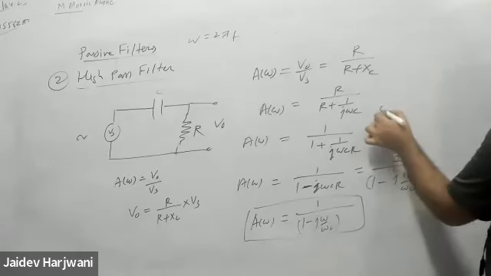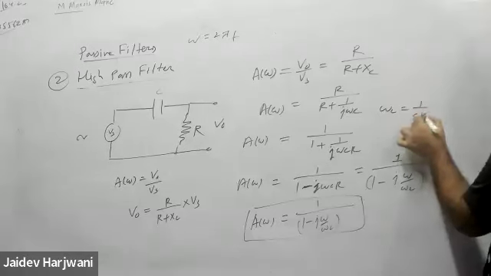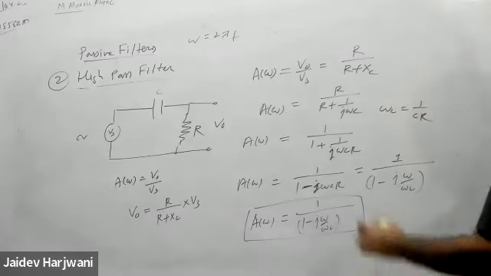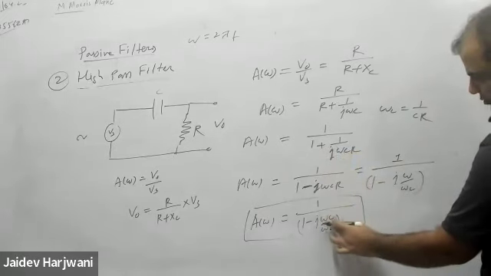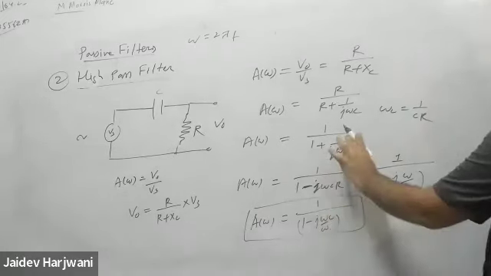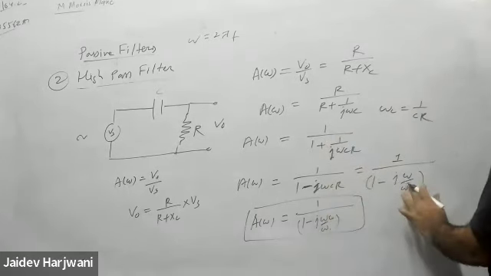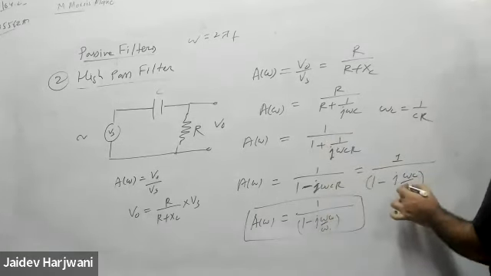Omega C is defined as 1 by CR. So this 1 by CR will be omega C, and this omega. This will be omega C by omega.